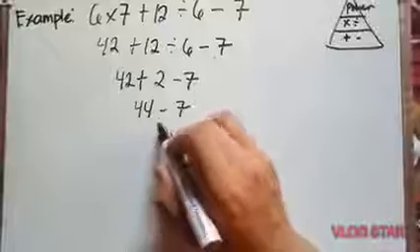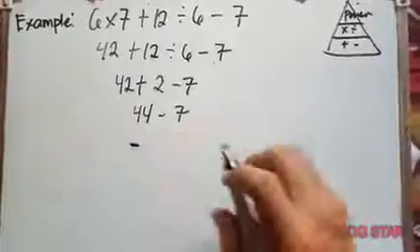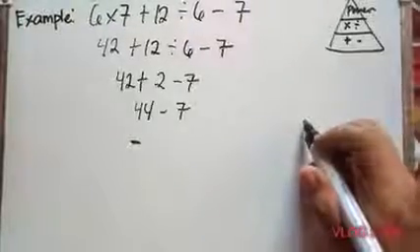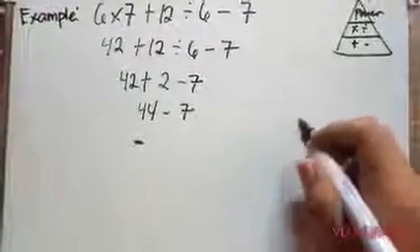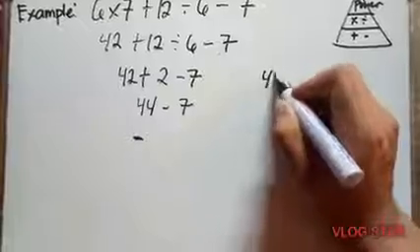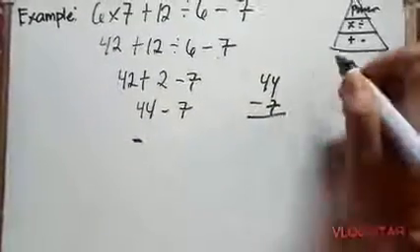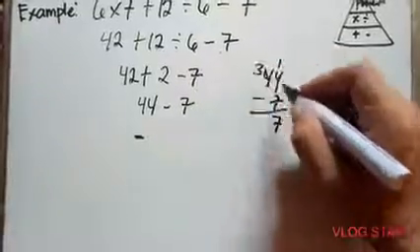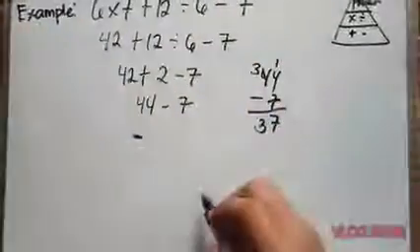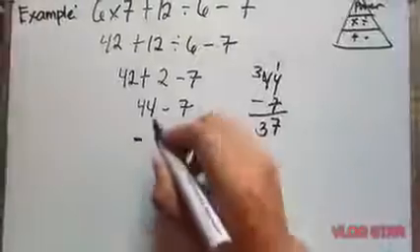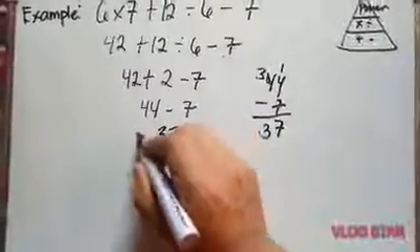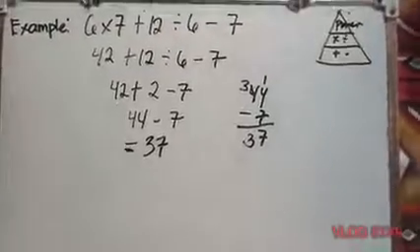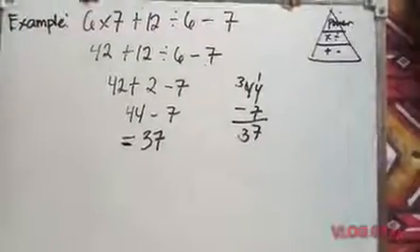So 44 minus 7, the answer is 37. So 6 times 7 plus 12 divided by 6 minus 7, the answer is 37.